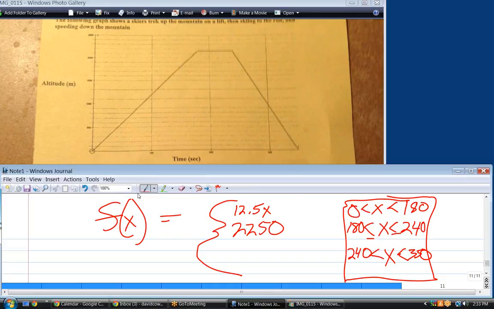So, real quickly here, what is a good approximation of that slope? And here, I'll give you the values. The y value goes from, what did we decide? 2250? Yeah. Goes from 2250 to 0, his change in elevation. In what amount of time? Well, from 240 to 350.